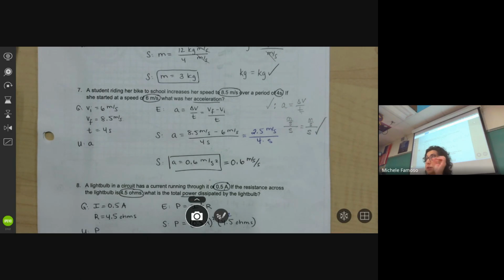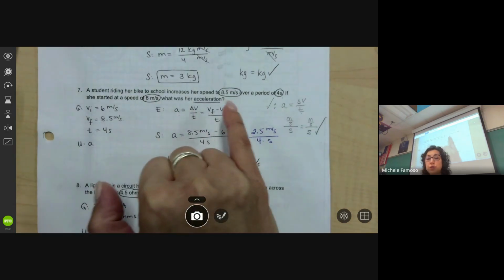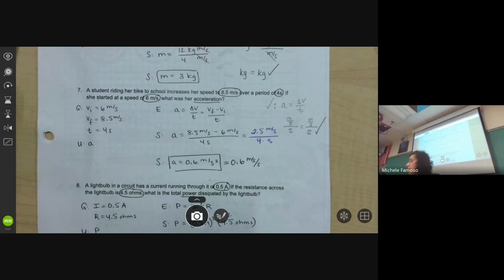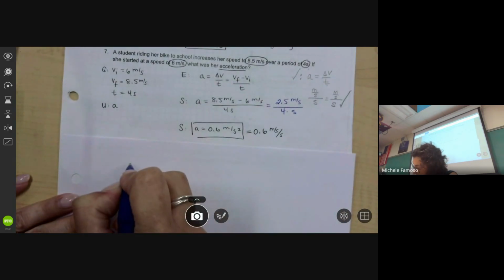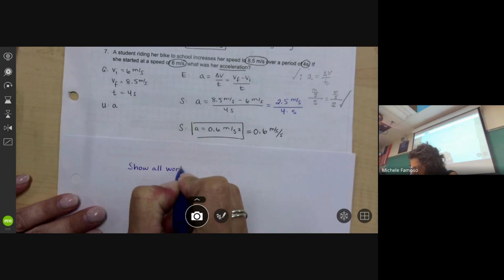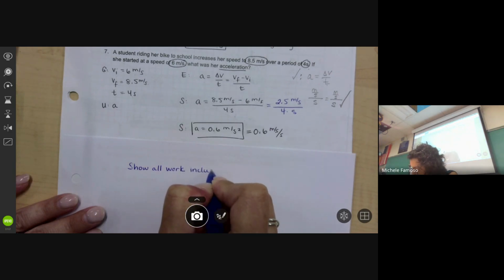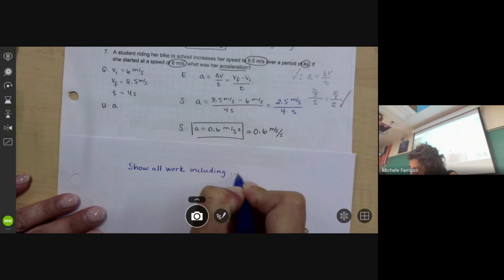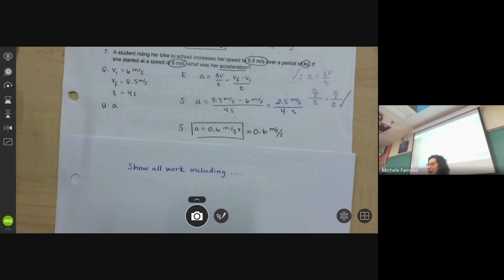So on tomorrow's test, the way these questions will be worded, I'll tell you what the language would be. Because I'm very explicit on what I need to say when I write the directions to these show work questions. So the questions would say, show all work, including, and then afterwards I tell you what I need to see. If it's not in that list of including, you don't necessarily have to show it.